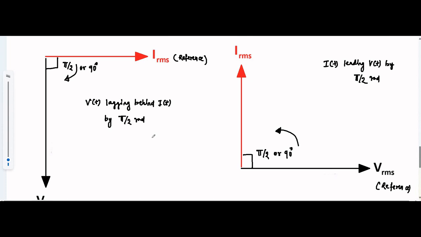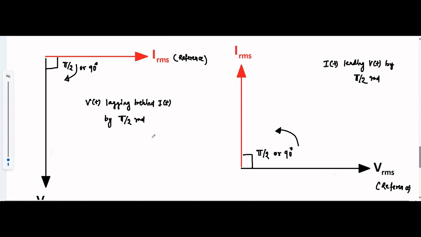Both the phasor diagrams essentially convey the same information, just there is a difference between the reference phasors. Either you say current leads the voltage by pi by 2 radian or voltage lags behind the current by pi by 2 radian, it is the same thing.